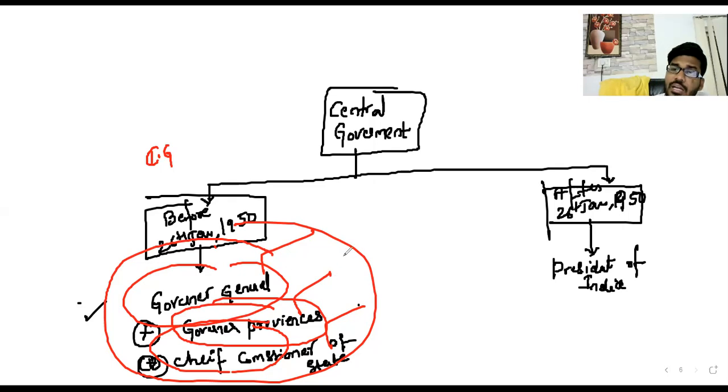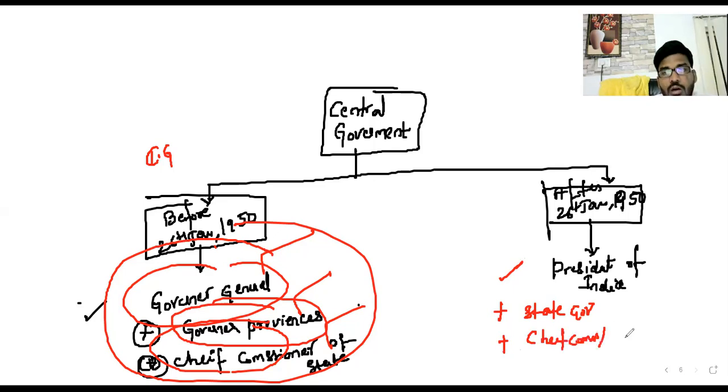After 26 January 1950, what is the central government? President of India plus state government, chief commissioner or governor general.